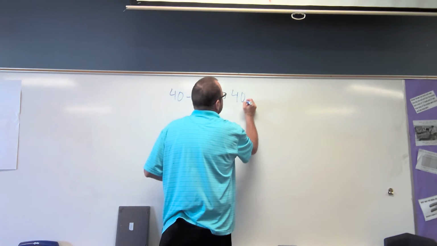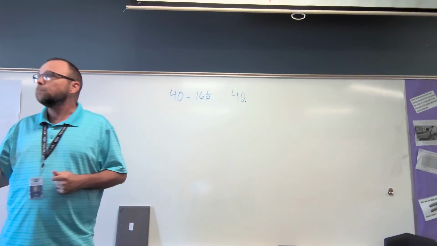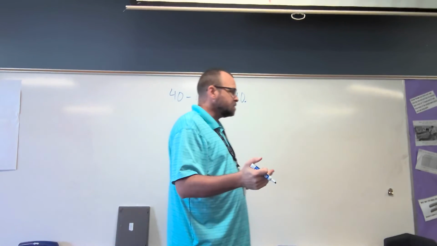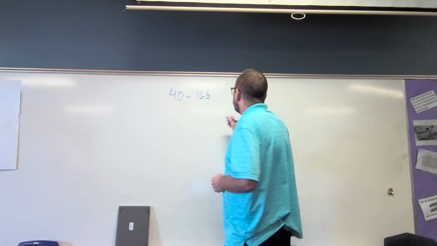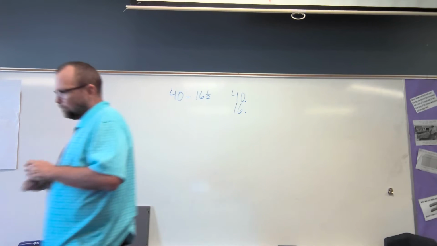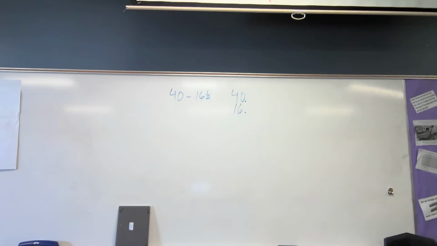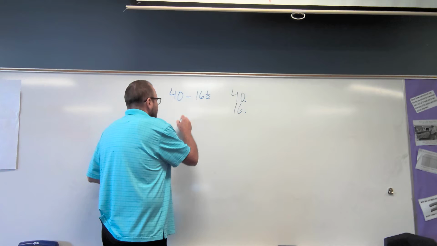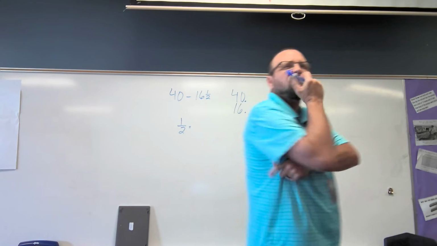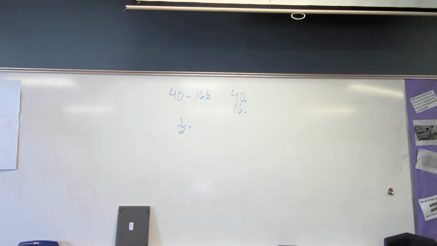Good. Now when I'm subtracting or adding with decimals, I have to line up the decimal points. So 16 is in the ones place, and it's lined up like that. But now I have to figure out what 1/2 equals as a decimal.